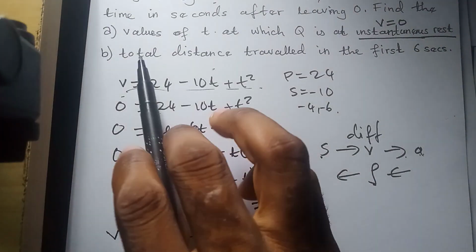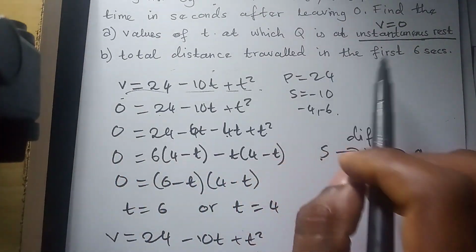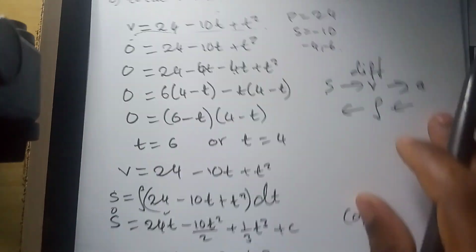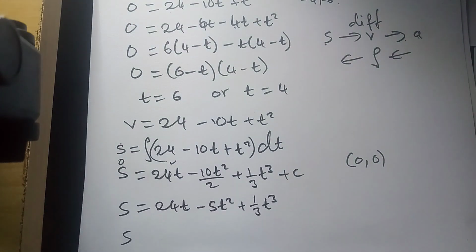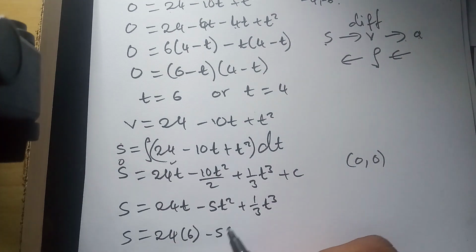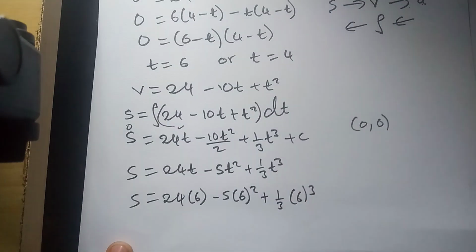Then it says the total distance traveled in the first 6 seconds. So you can simply substitute your 6 there and find your total distance. This will be 24 times 6, minus 5 times 6 squared, and then plus 1/3 times 6 cubed.